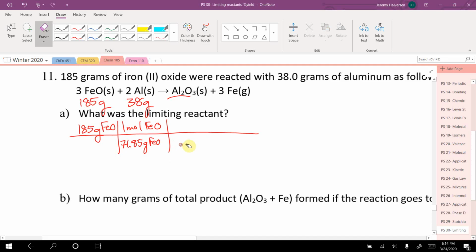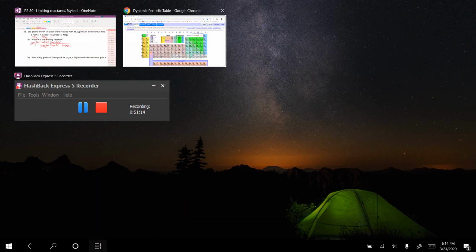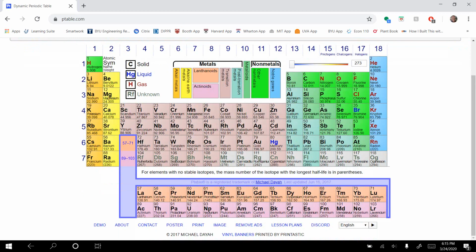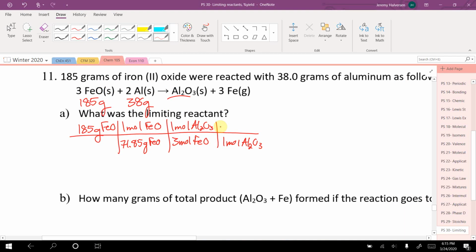The reaction tells me that 3 moles of FeO make 1 mole of Al2O3, and then 1 mole of Al2O3 weighs 2 aluminums, 27 times 2 plus 3 oxygens. That's 102, I believe. Yeah, 102 grams of Al2O3 per mole.